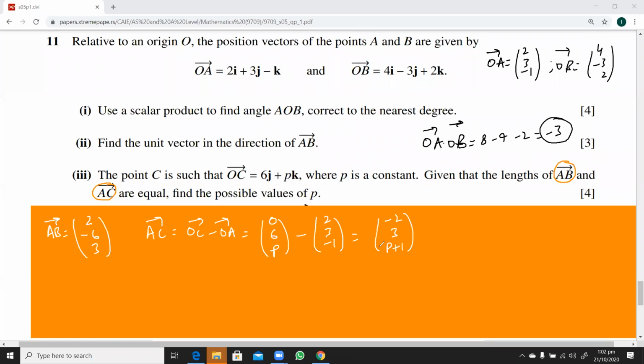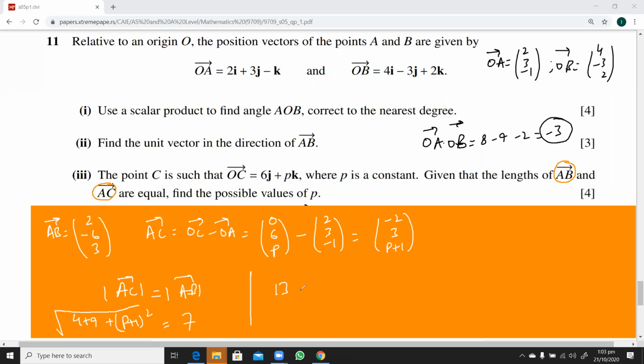So he says AB and AC are equal in length. That means the magnitude of AC should be equal to the magnitude of AB. The magnitude of AC would be the square root of 4 plus 9 plus (P plus 1) whole squared. And we know that the magnitude of AB is 7.